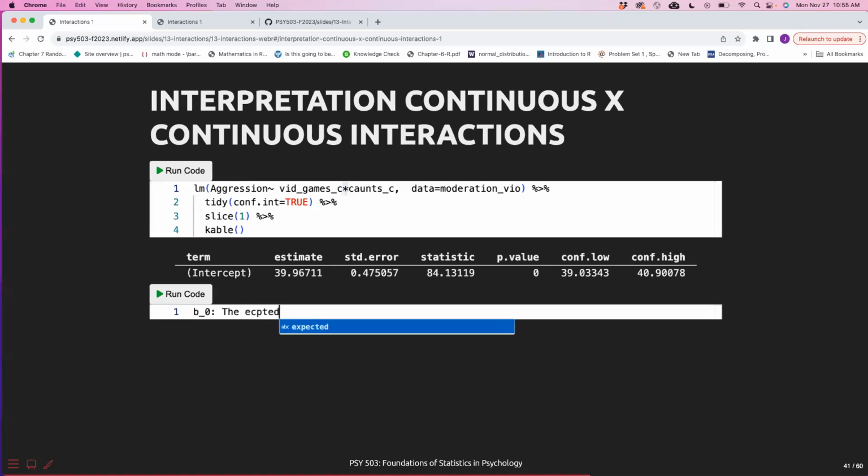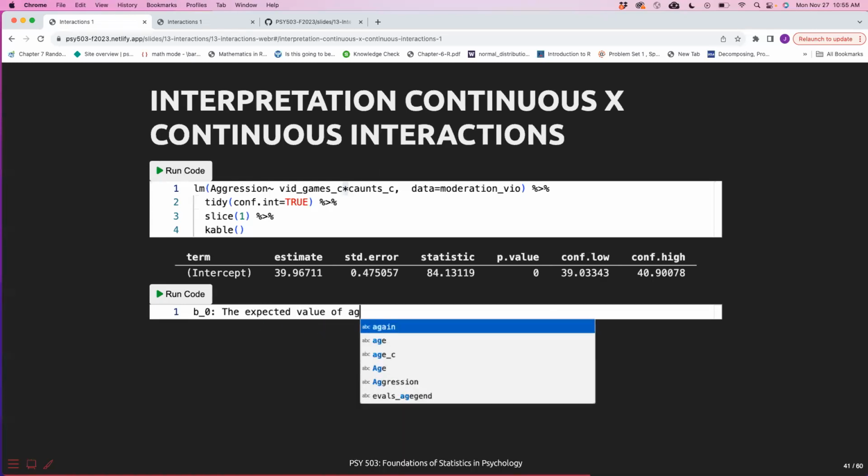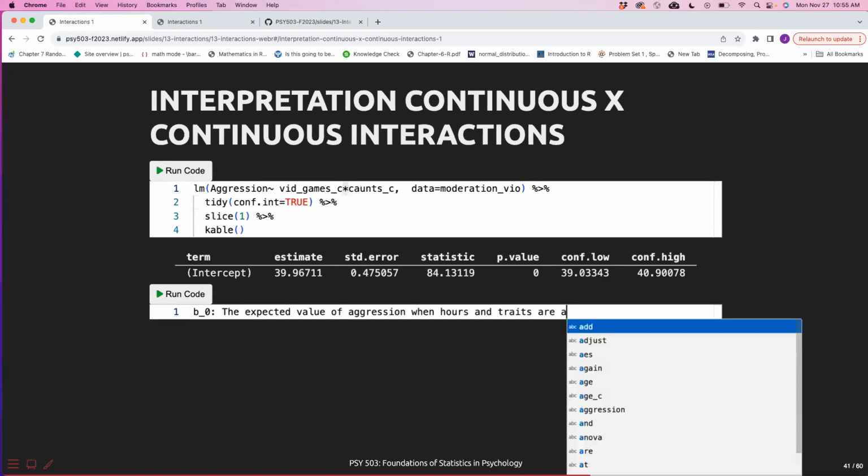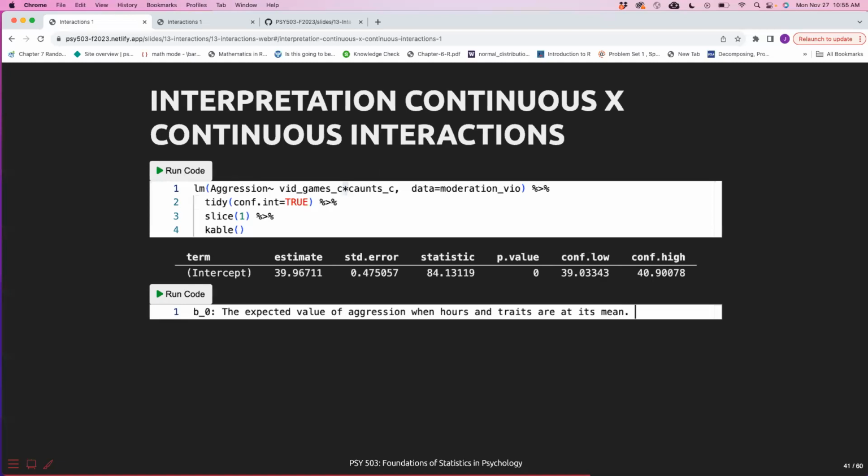So it's the expected value of aggression when hours and traits are at their mean. If you didn't mean center the data, it would just be when those particular variables are at 0, right?